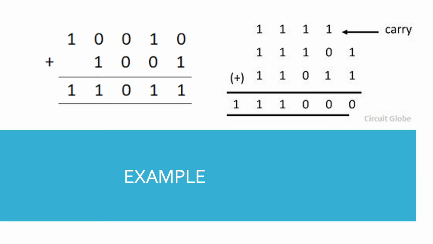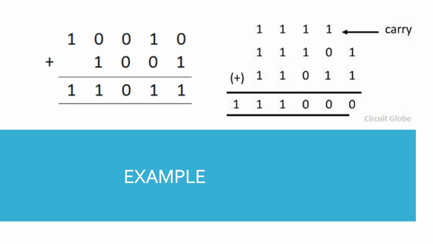Let us understand the binary addition with two examples given here. We will see the first example. We will start the addition from the rightmost side and we will keep on following the rules we have just discussed. Like 0 plus 1 is 1, 1 plus 0 is 1, 0 plus 0 is 0, and so on.